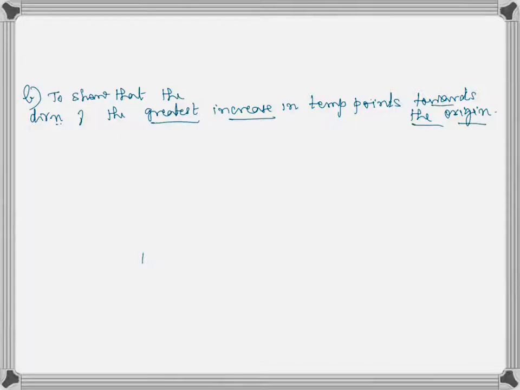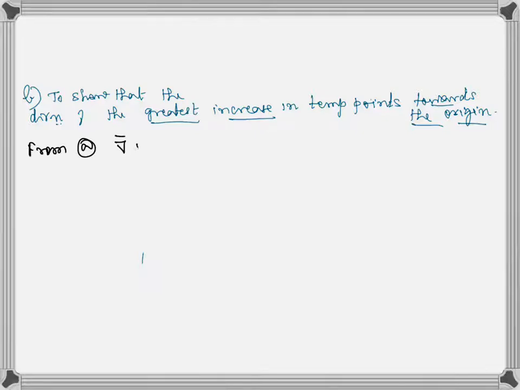So the gradient vector always points in the direction of the greatest increase. We saw that in the previous problem too. And then in this case, we are going to find out that vector and analyze it, and then say that it points towards the origin.